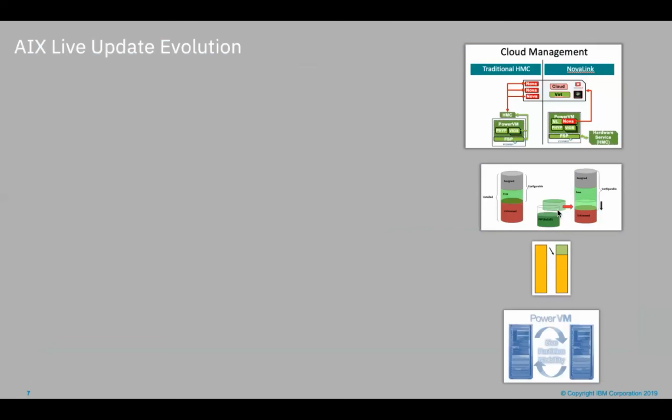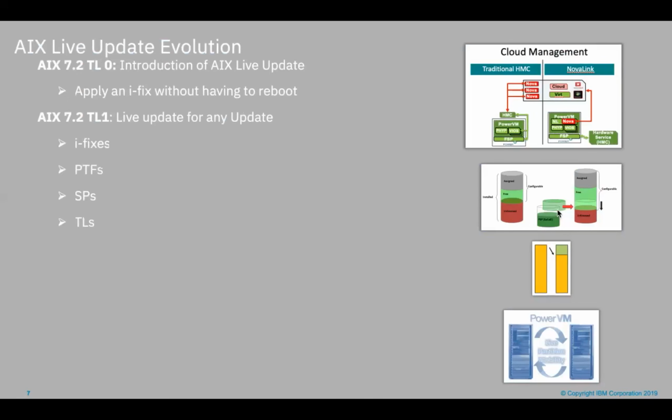Live Update has evolved substantially over the last couple of years, and I want to touch on each of the evolutions as they have come out. So with AIX 72TL0, we allowed you to install iFixes without having to reboot. So this is really, if you like, a tech preview or an introduction to Live Updates. And yes, we could install iFixes, but nothing else. Then AIX 72TL1, we allowed you to install TLs, service packs, PTFs, and iFixes. So we supported the full gamut of fixes.